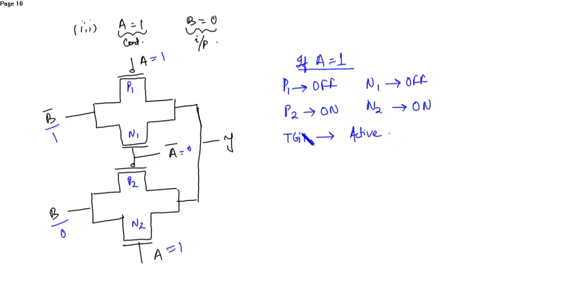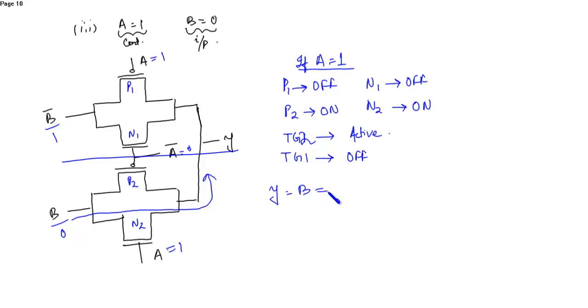Sorry, the transmission gate 2 is now active since these two transistors are on, and transmission gate 1 is off. So this B will be available at the output. So Y is equal to B. So here B is 0.